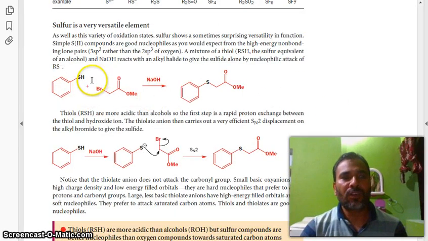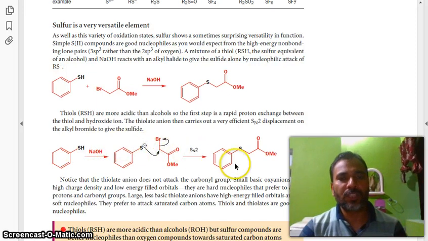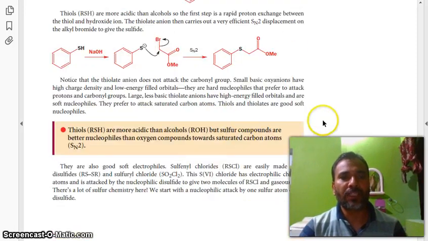So focus on sulfur, it is a very versatile element. This is thiol. Now it reacts. In the presence of sodium hydroxide, these H and Br will be removed, forming these products. So formation of sulfur carbon bonds. Here SH, you see, S minus attacks this carbon. This is an SN2 reaction. So this is the mechanism.